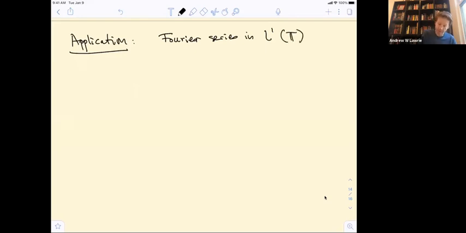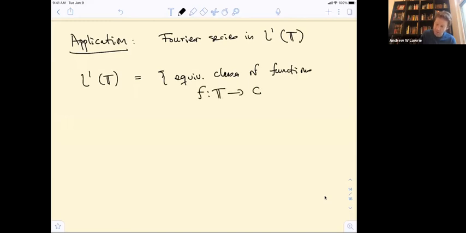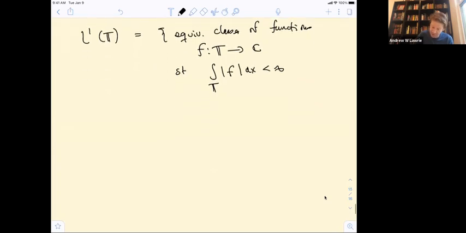Okay, so L1 of the torus is equivalence classes of functions from the torus to C such that the L1 norm is finite, so integrable functions on the torus.